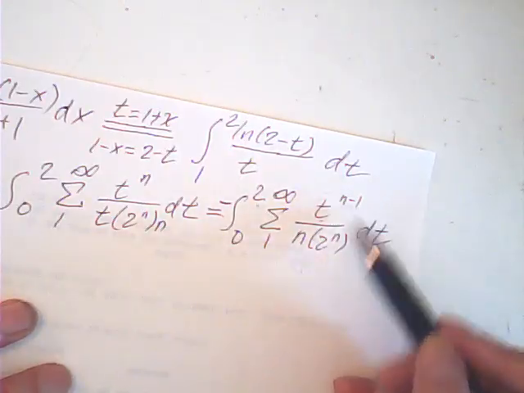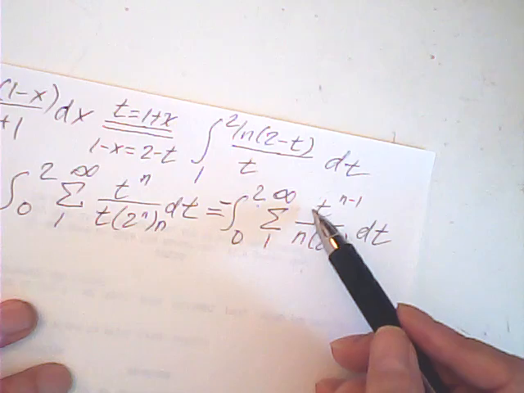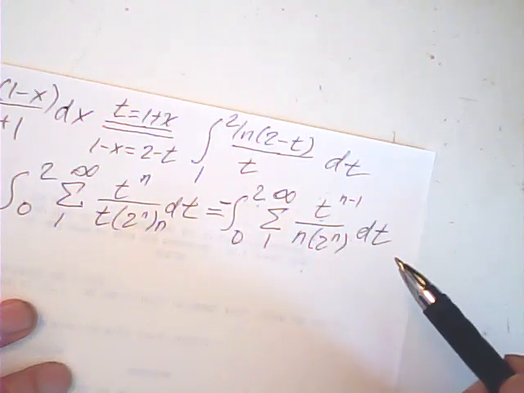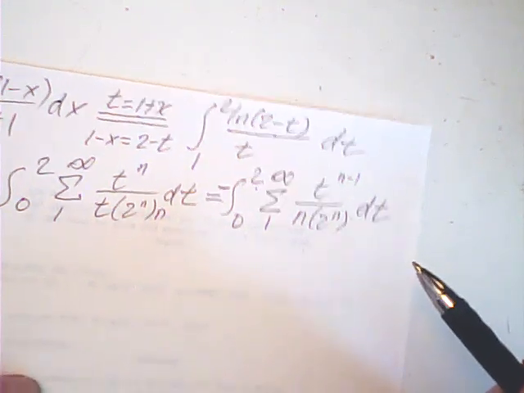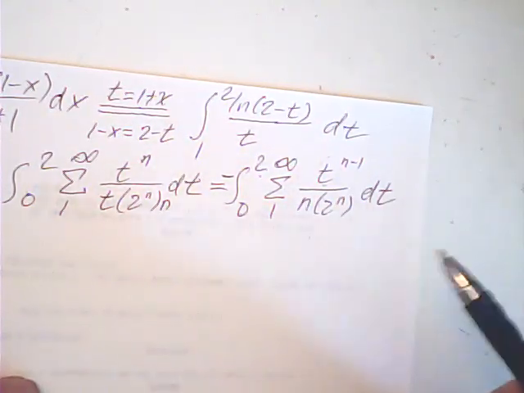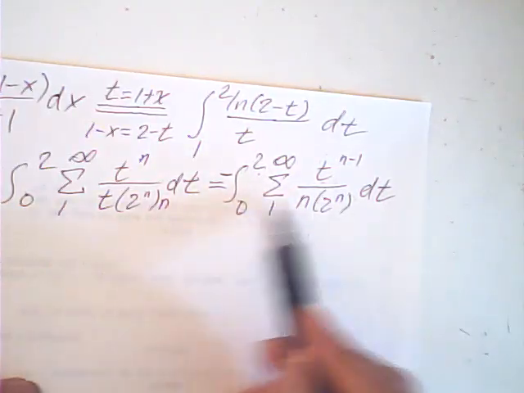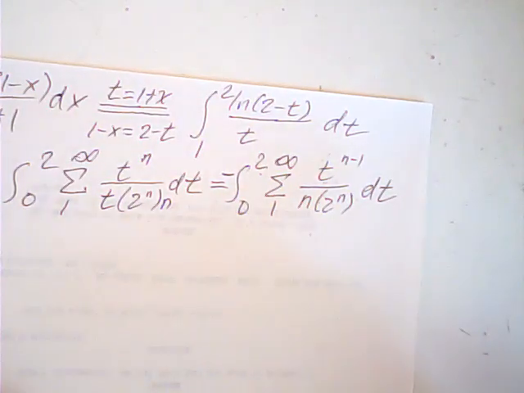They're equivalent. Then leftover is 1 over n, the series, which is a harmonic series, is divergent. So this is a divergent series. We cannot switch the operators. So we're stuck here.